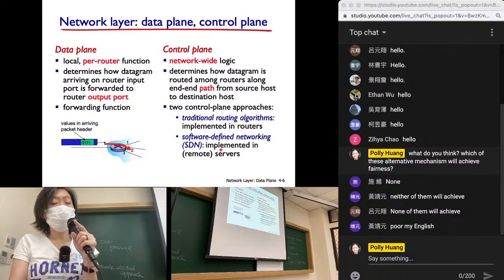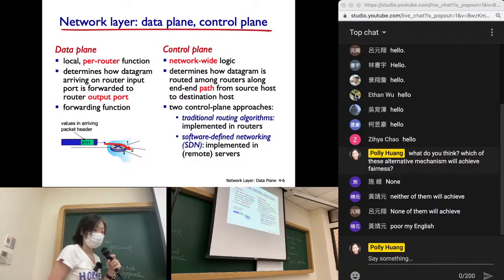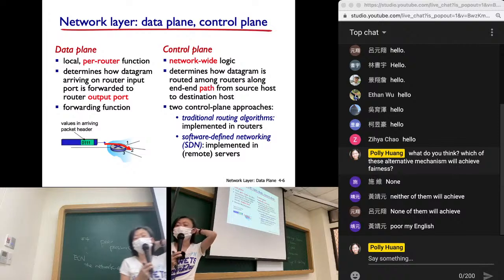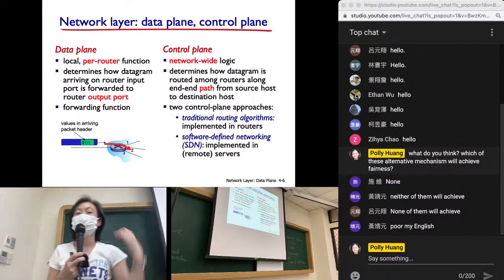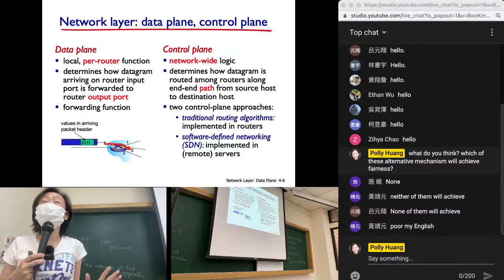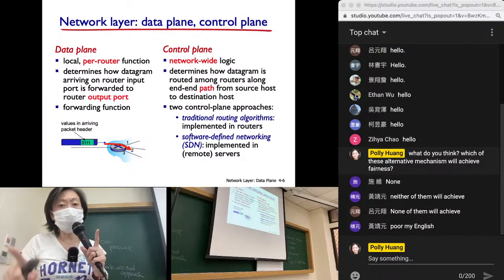In SDN, the route computation is done only on high-end servers. For some networks, there could be just one server computing the routes for the entire network. For a bigger network, bigger domain, there could be multiple ones, to prevent failures. So that's a general idea.